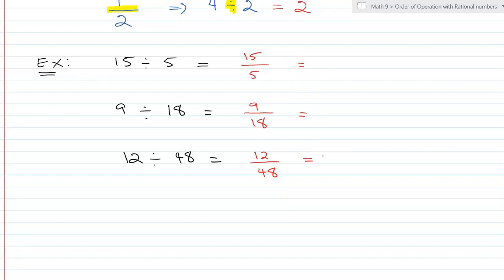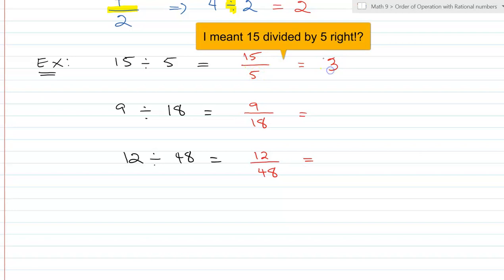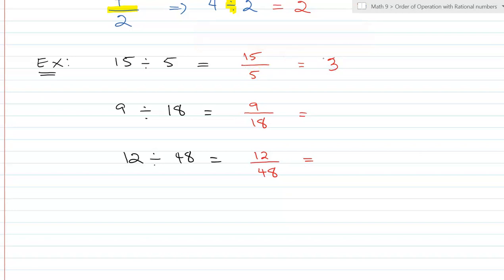Great. Can we simplify each of these? Let's go through them. The first one, 15 divided by 5, that's just a multiplication table. How many 5s go into 15? 3 of them. All right. The 9 and 18. Notice that 9 goes into 18 and 9 goes into 9. So we can simplify that as 9 over 9 times 2. Now I'm doing this the long way.